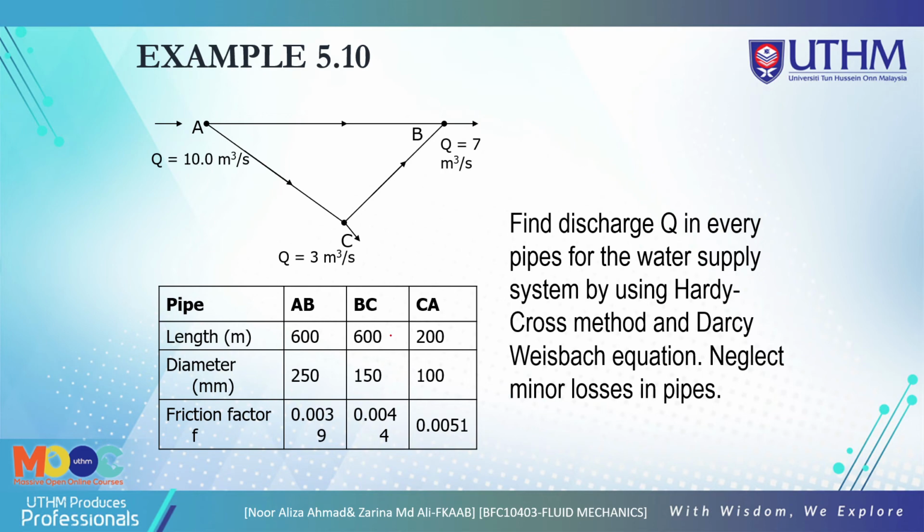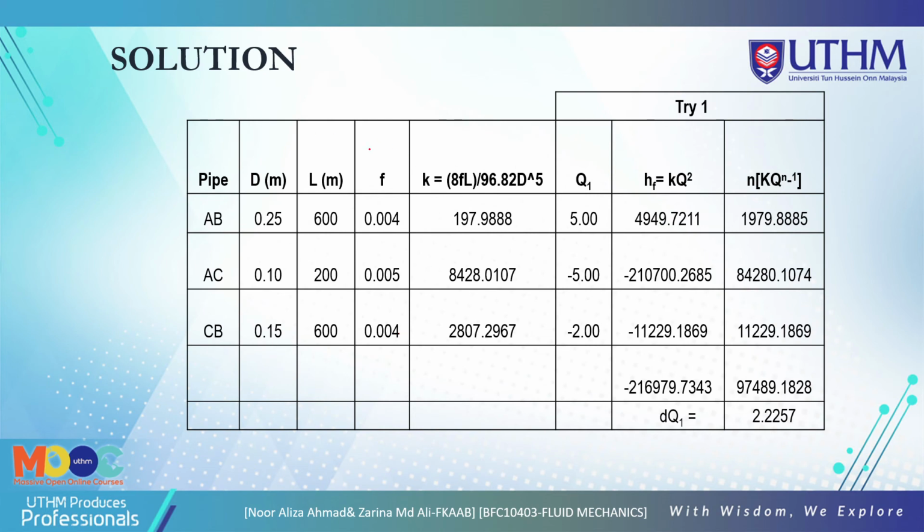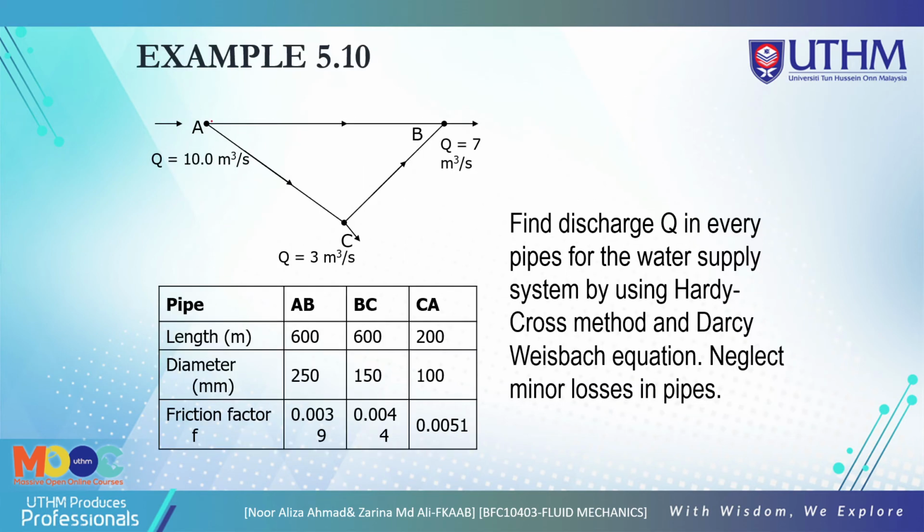So you just use the trial one. Use the pipe AB, pipe AC, and CB. Pipe AB flow, this is inlet, this is outlet, and outlet here.